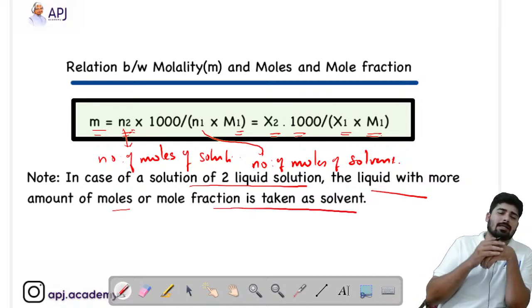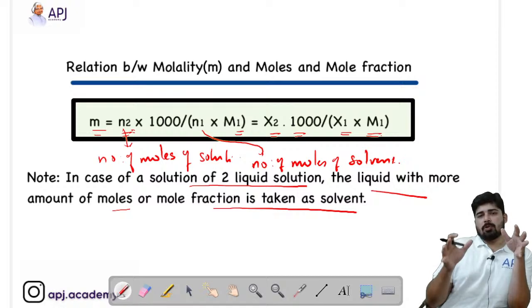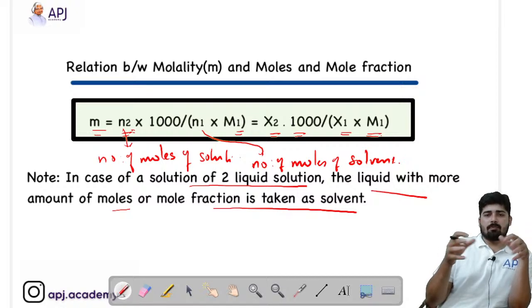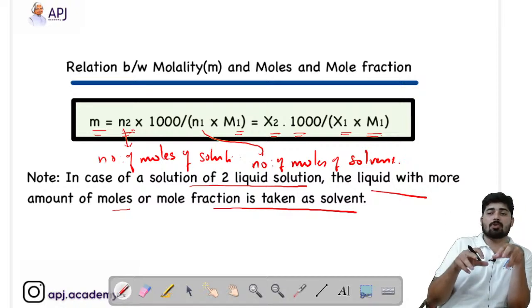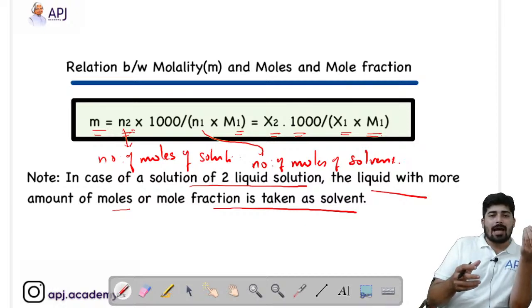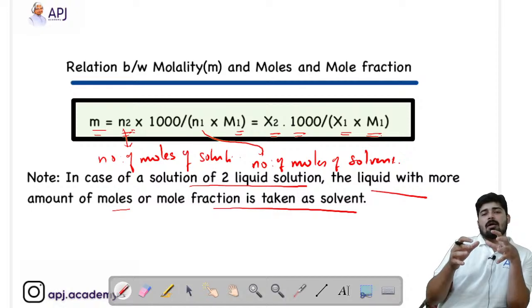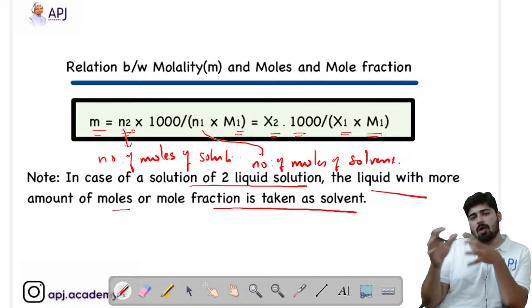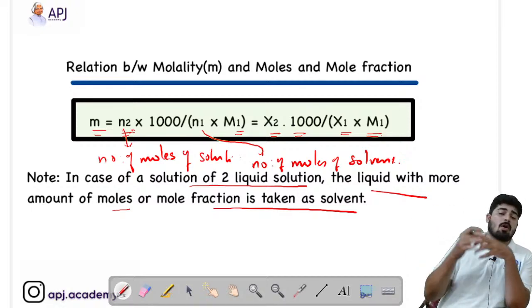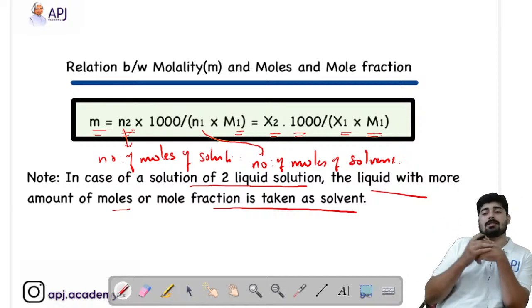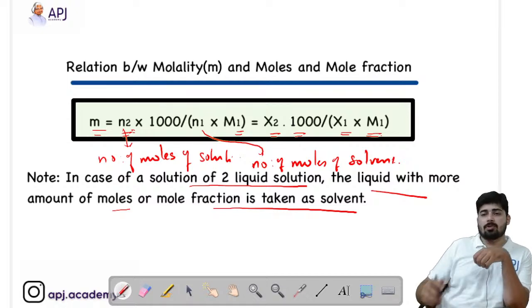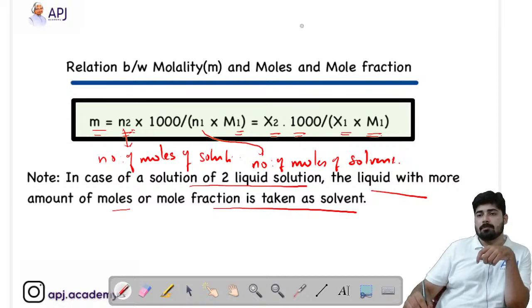So always consider that if a solution is made by mixing two different liquids, the one having fewer moles or lesser mole fraction is considered the solute, and the one having more moles or a larger mole fraction is considered the solvent. Okay students, so that point you have to remember.